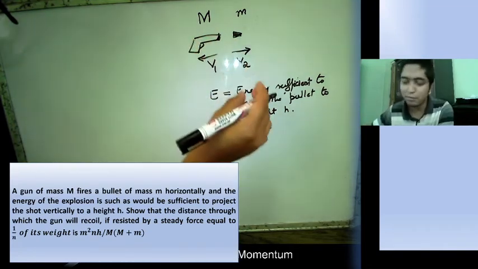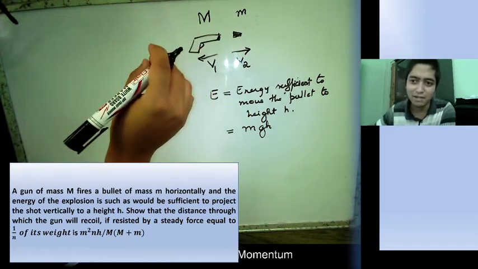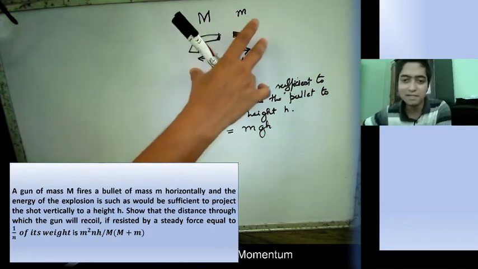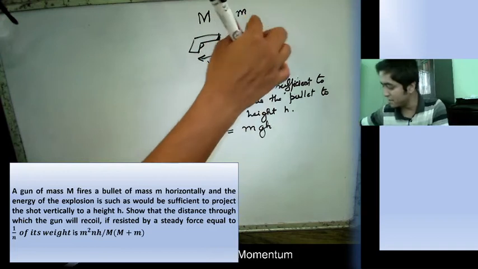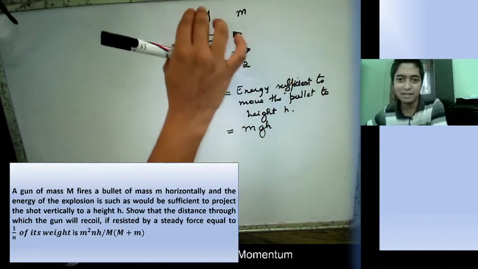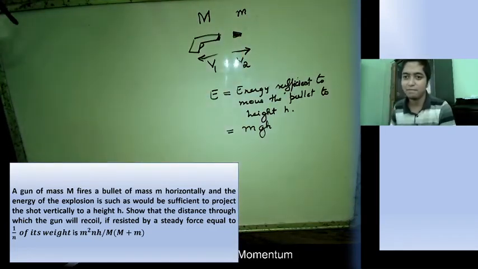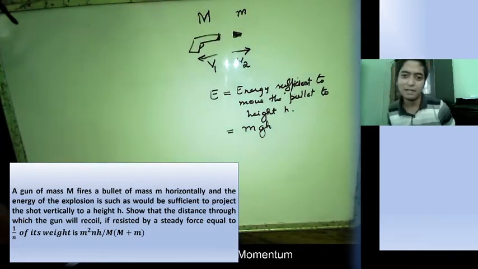After the explosion there will again be some energies attached to this system: the kinetic energy of this bullet and the kinetic energy of this gun, because the gun will be moving in this way.